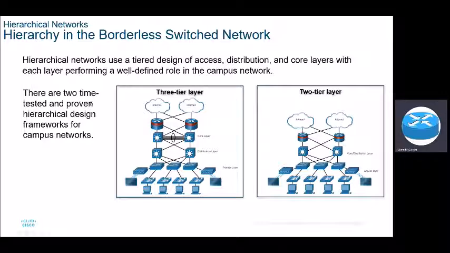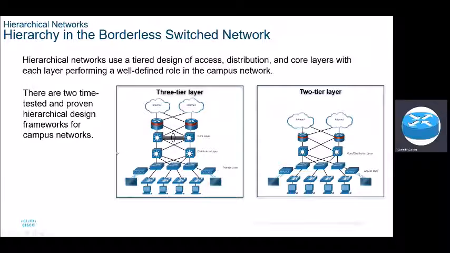So for larger networks, you would actually have the three tiers where you have the core, the high-speed core of the network, the distribution layer, which is where most of your routing will happen, and then the access layer, as the name implies, that's how your users access the network. And so that's mostly layer 2 switching and or wireless access points there.